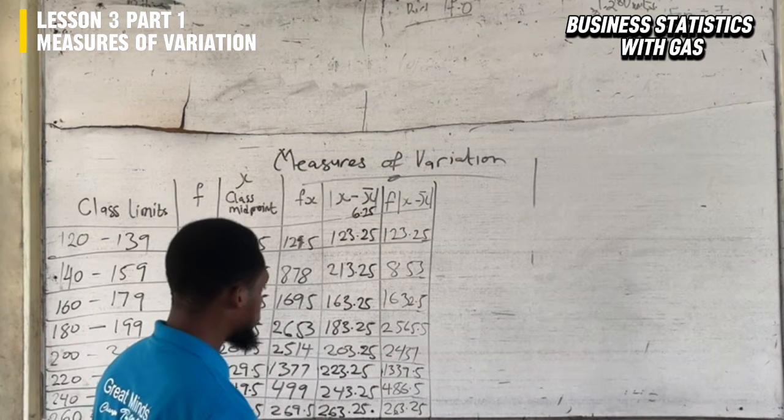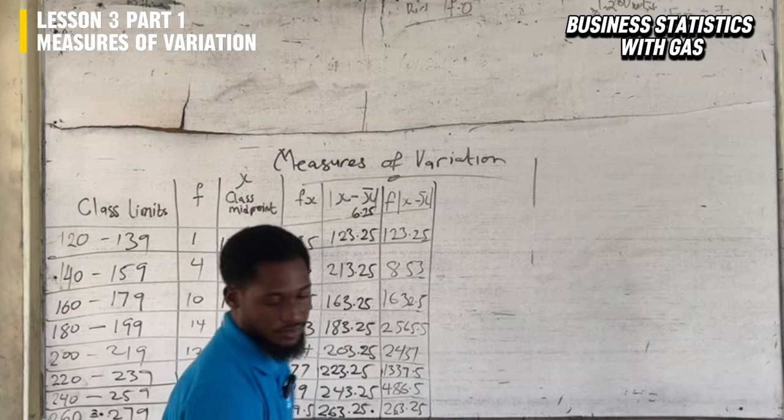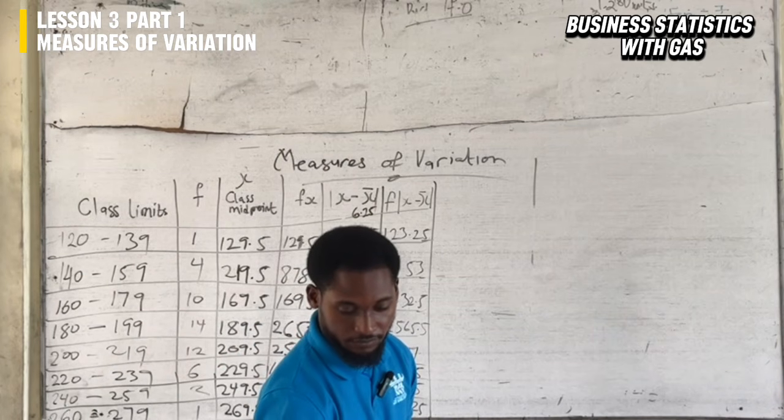And when you do that, you are getting 9,702.5. So now let's state our formula.